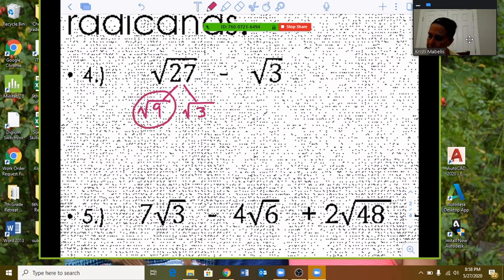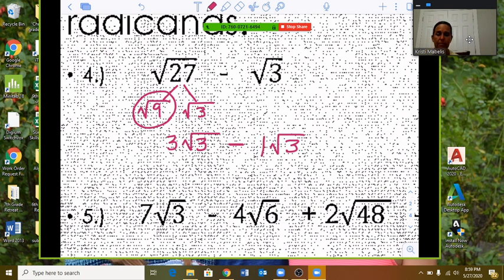This is going to break free. So I'm going to write that as 3 radical 3. So I'm just rewriting the square root of 27 as 3 radical 3. It's the same value, just simplified. Okay, bring down the minus, and bring down this other radical 3, and you know that there's really a 1 in the front.